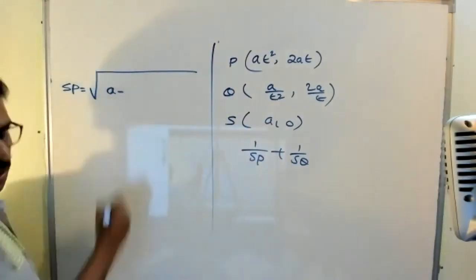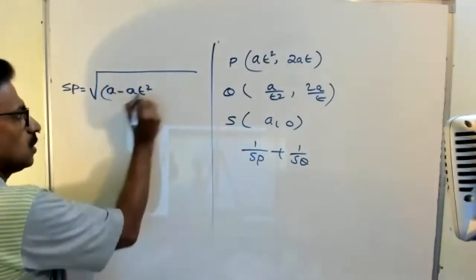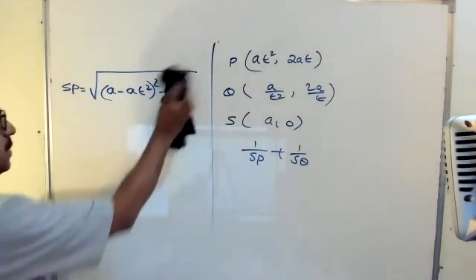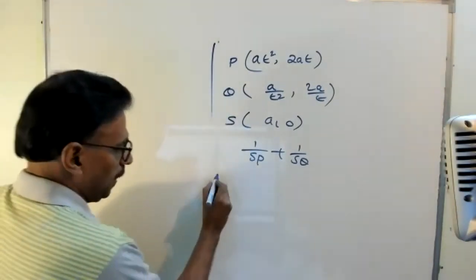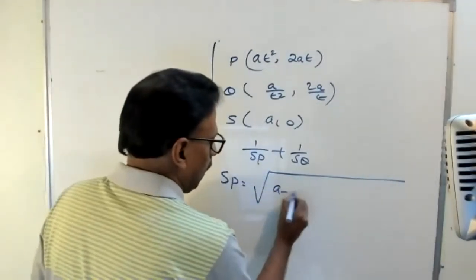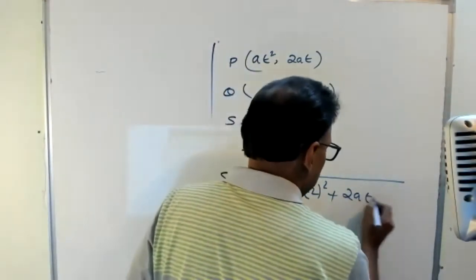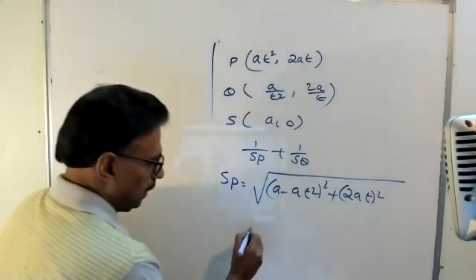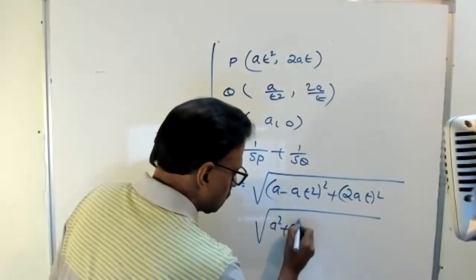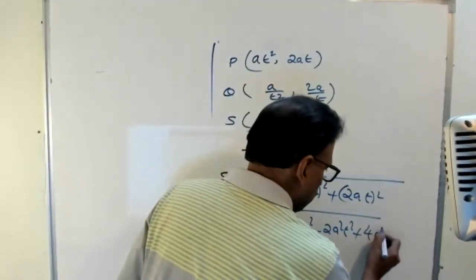SP equal to root of a minus a t square whole square plus 2a t whole square, because 0 minus, that is root of a square plus a square t square minus 2a square t square plus 4a square t square.